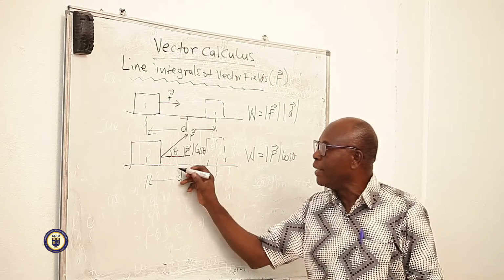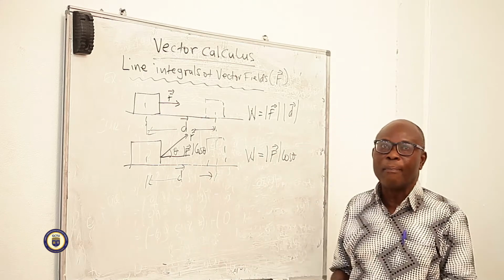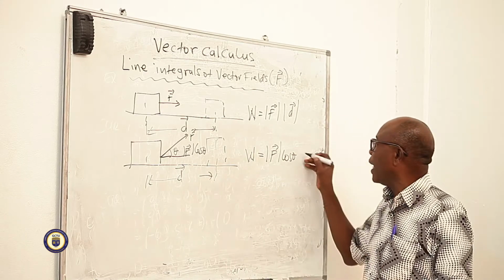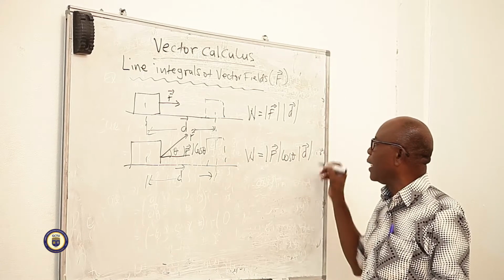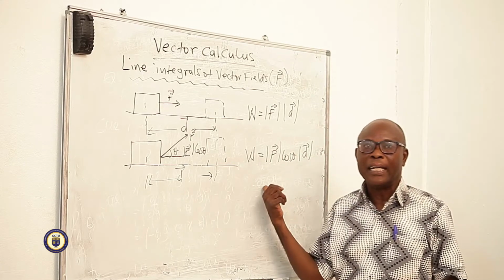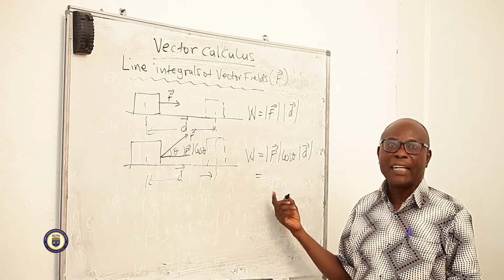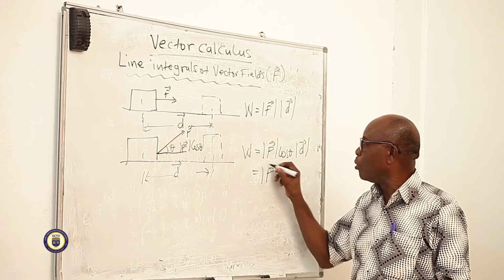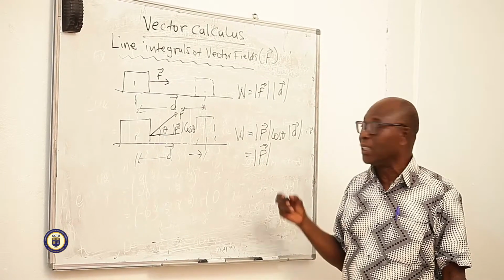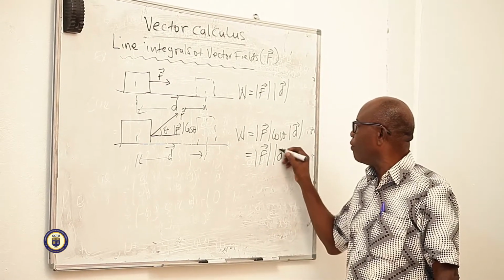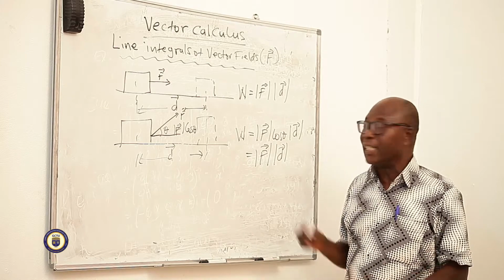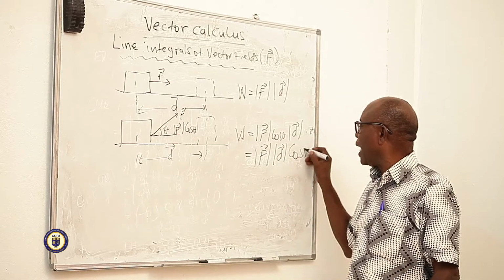Let's say the distance is given by the vector D, and so the absolute value of D now becomes the distance. So if we rewrite it in another form, we have the absolute value of F, which is the force, times the absolute value of D, the distance, times the cosine of the angle theta.